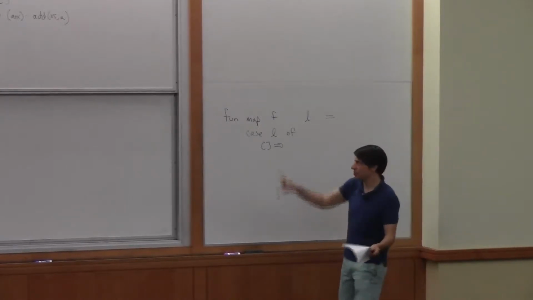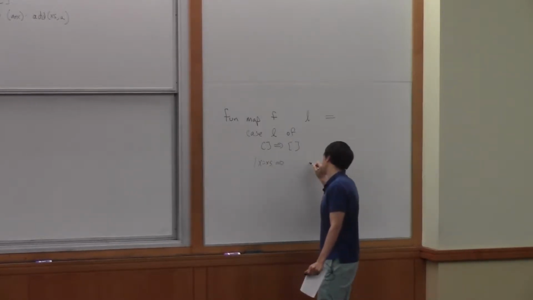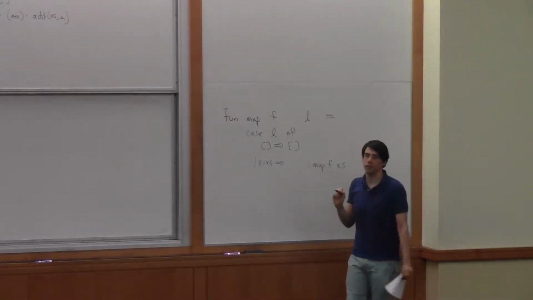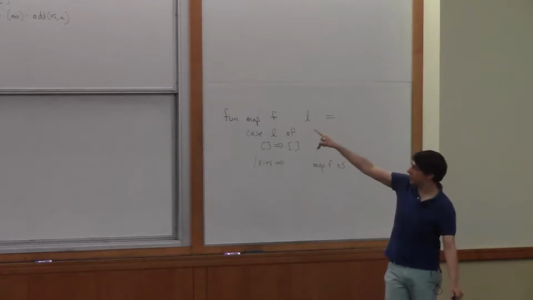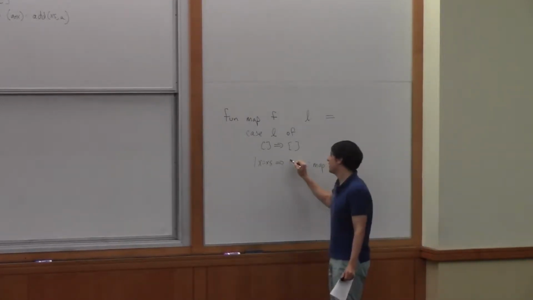Well, what's the answer for the empty list in both of those? It's empty, so there's nothing to abstract there. If it's a head and a tail, then what do we want to do? We want to make our recursive call on the tail, of course, because both of those functions recur on the tail. And what do we do to modify the head of the list?